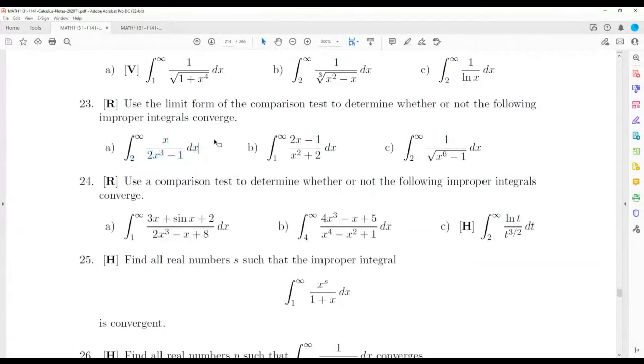Does 23A converge, yes or no? Ethan, what do you think?